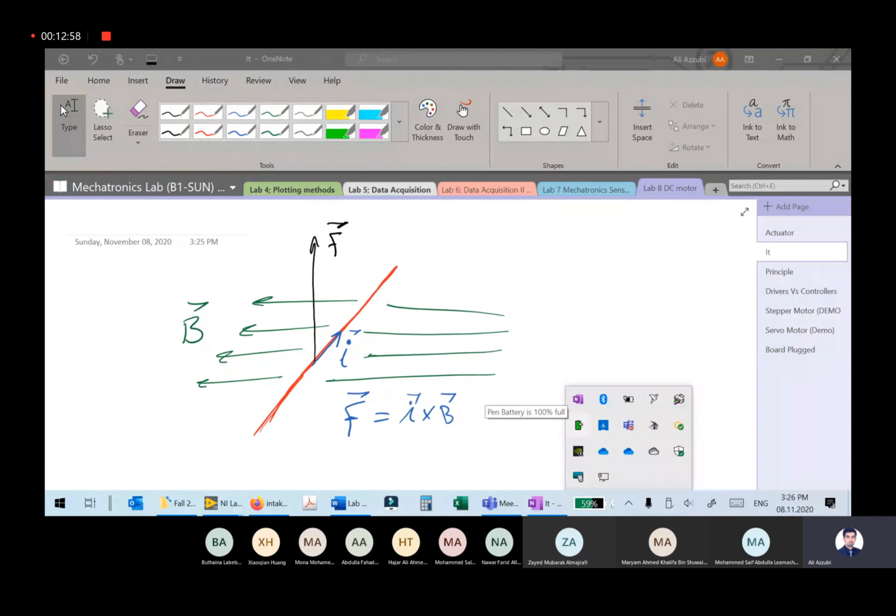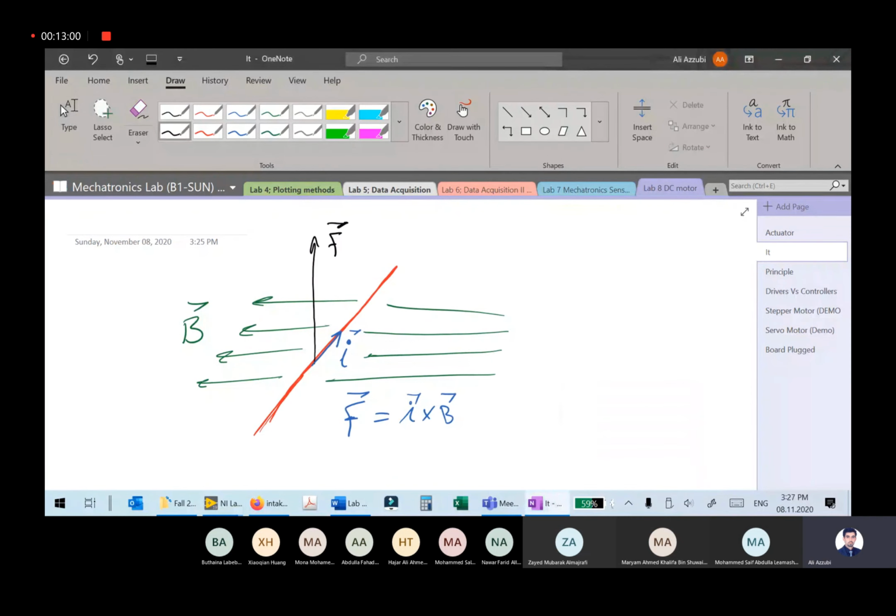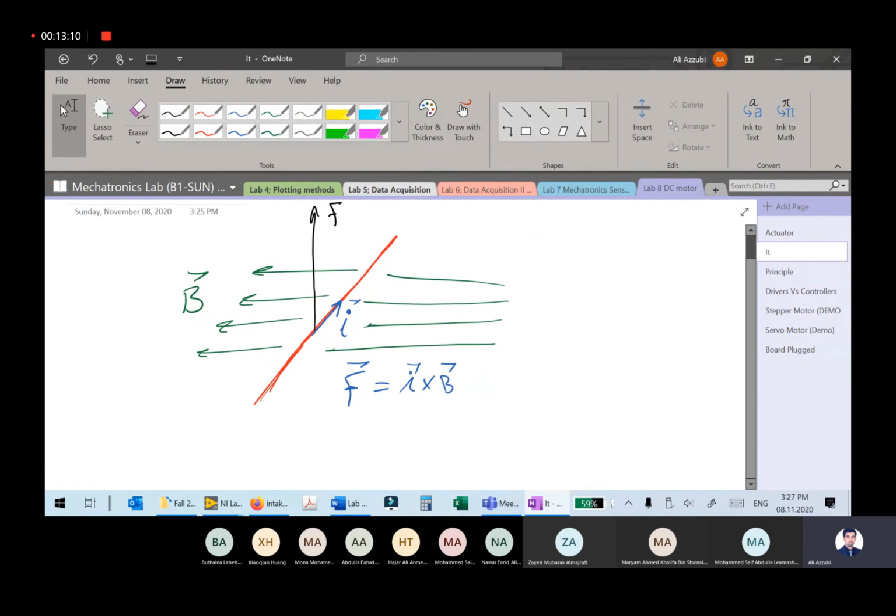The battery is slow. All right. So this is the very, very basic and elementary principle behind most of the motors, whether AC, DC, brushless, servo, whatever. This is the main principle.